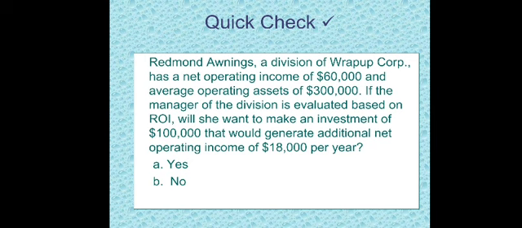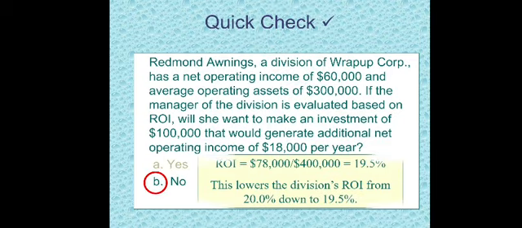What do you think? The basic idea is, if the new project has an ROI higher than the current ROI of the department, then the manager will accept the new project. For this situation, the new project ROI is 78,000.